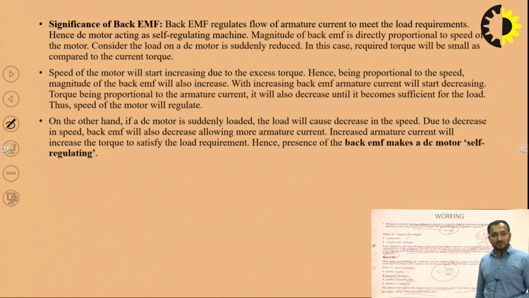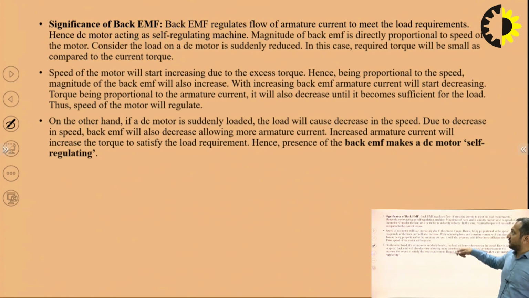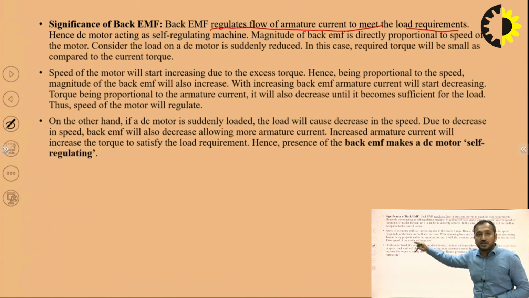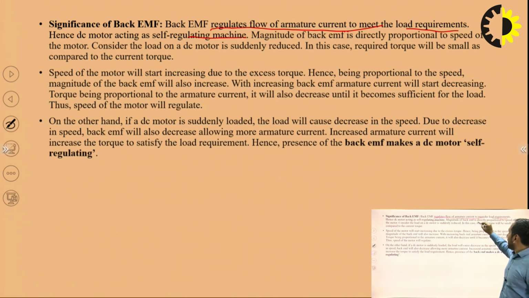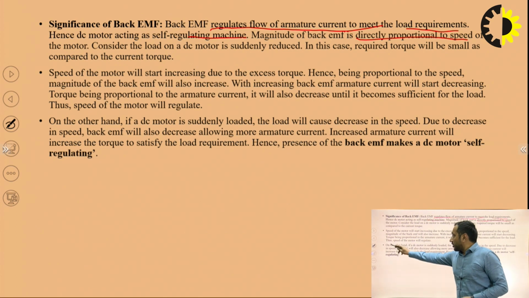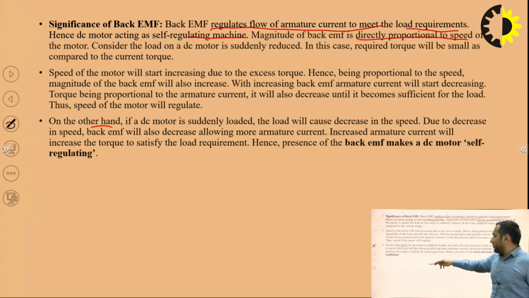Now the significance of back EMF is that it helps to regulate the flow of armature current to meet the load requirement. So that is why a DC motor is known as a self-regulating machine, and its magnitude is directly proportional to the speed of the motor. On the other hand, if a DC motor is suddenly loaded, the load will cause a decrease in speed.